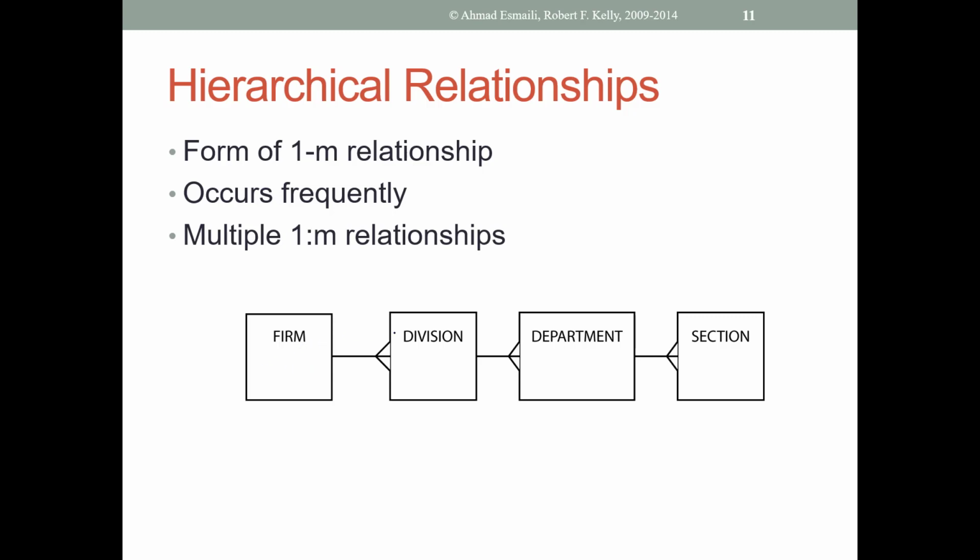That firm will have multiple divisions, and each division will have multiple departments, and each department may have multiple sections. So we have three levels of 1 to m relationships, and all these are representing hierarchical relationships.